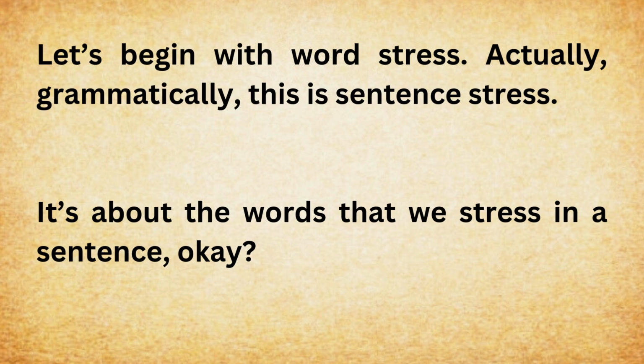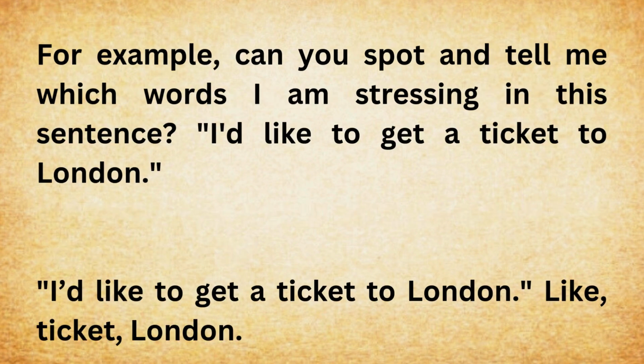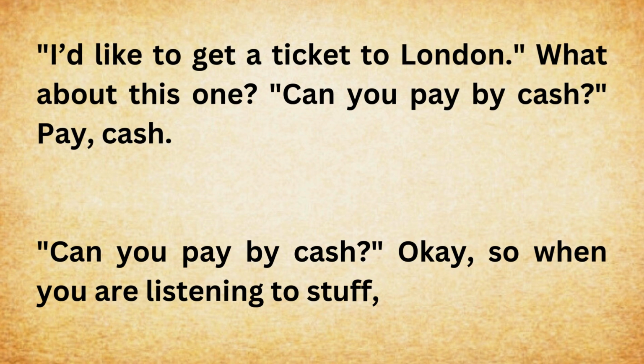It's about the words that we stress in a sentence, okay? For example, can you spot and tell me which words I am stressing in this sentence? I'd like to get a ticket to London. Like, ticket, London.